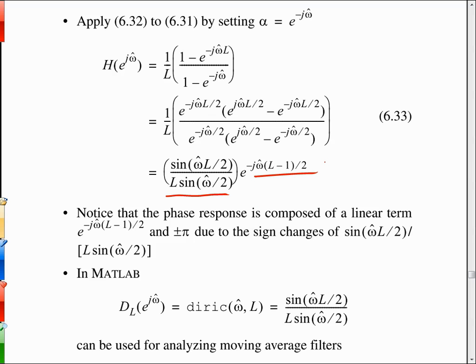There's the amplitude part, which is controlled by that ratio of sines in parentheses, and then there's the phase part, which is that linear phase, as it's called, linear because it linearly slopes down, and (L minus 1) over 2 is the slope. At the very end of this chapter, I'll make a comment about the significance of that, but it's something that you've also observed in the lab. They had you observe in that very first part, namely the delay that gets imposed by the moving average filter.